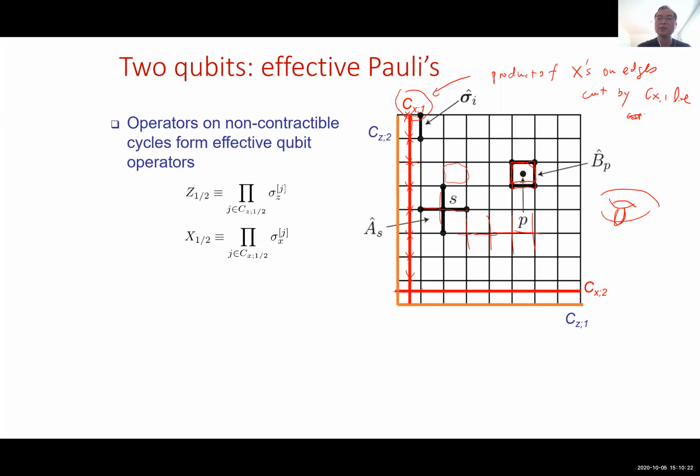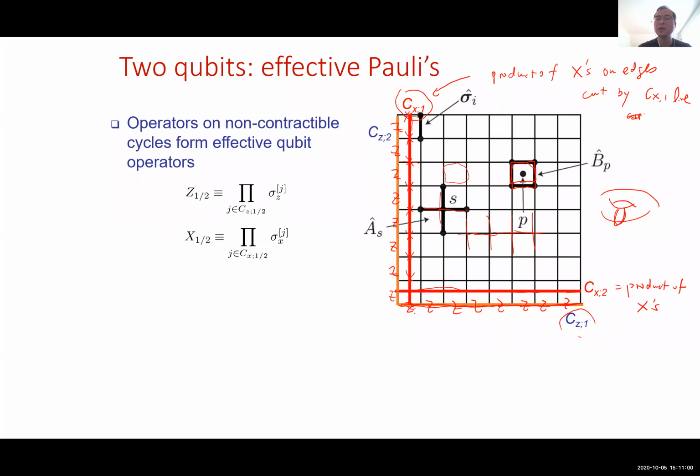You could also do it in the other direction, a product of X. You could also have the Z operator on the line of these. I label it as CZ1, so these are Z, Z, Z. And you could also have another, CZ2. The subscripts 1 and 2 indicate the logical qubit.